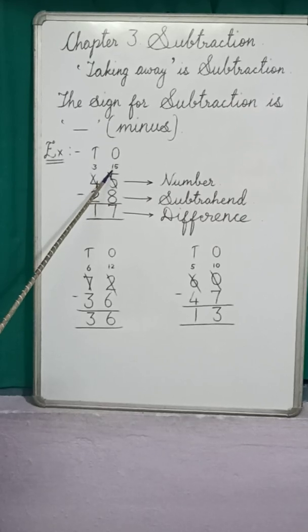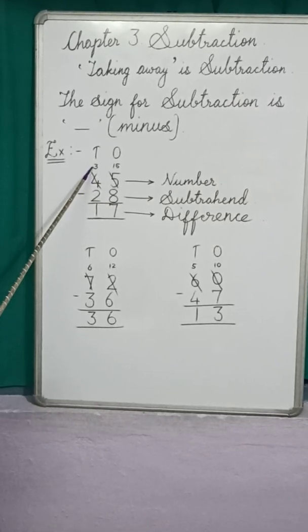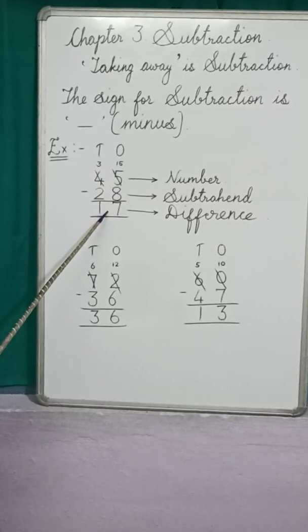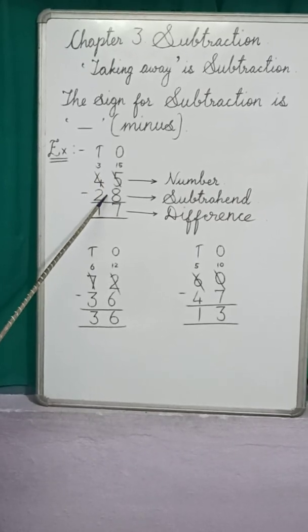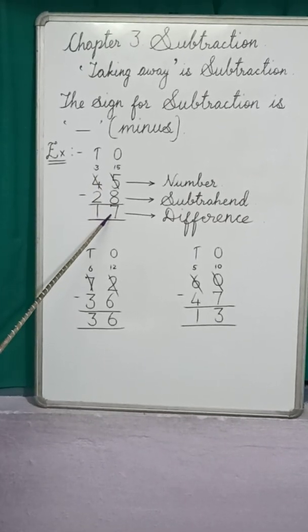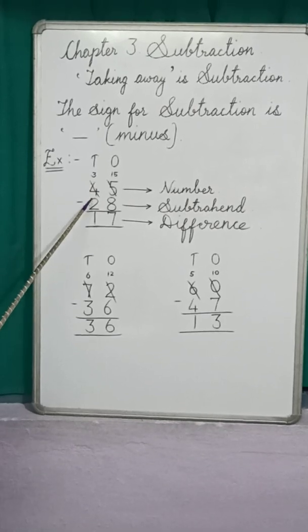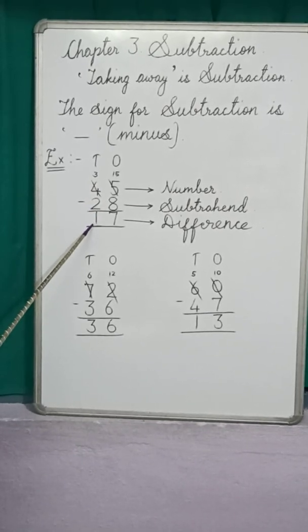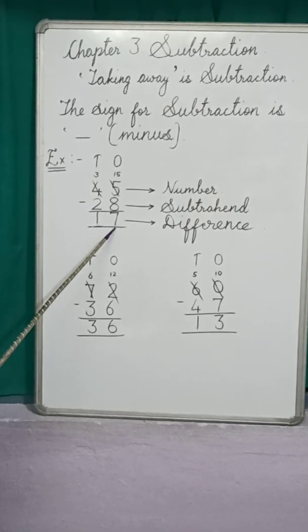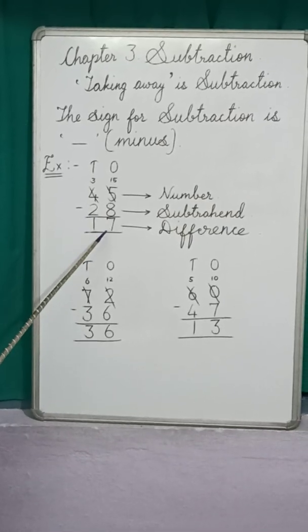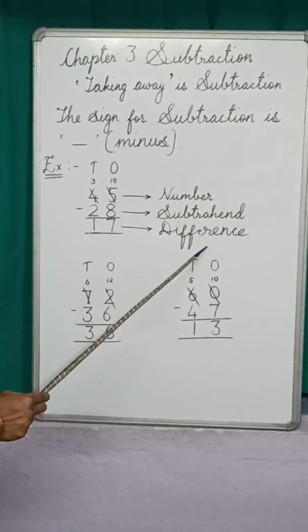Now we got here 15 and 3 in the tens place. Now we can subtract this. Now 15 minus 8, so we get here 7, and 3 minus 2 we get here 1. So 17 is the answer after subtraction. So 17 is called the difference.